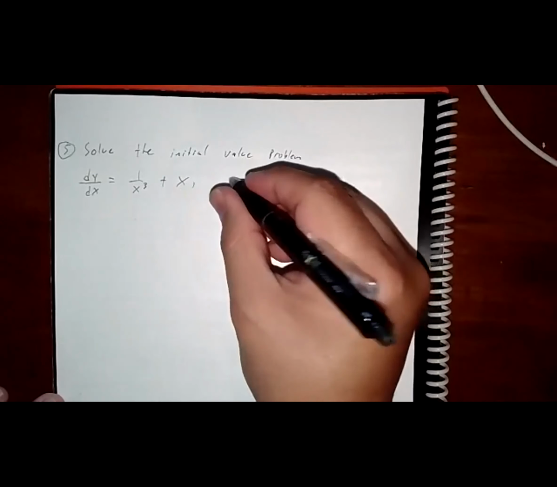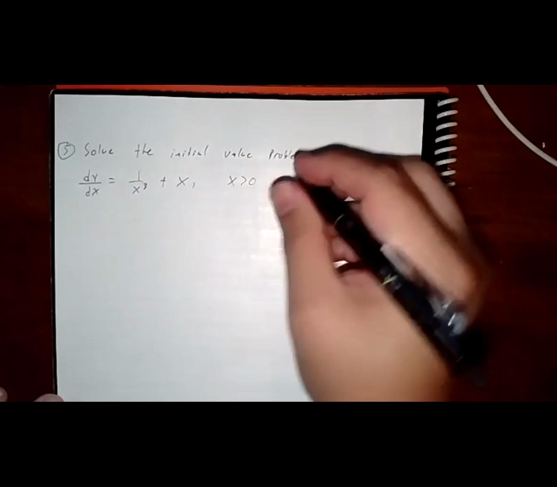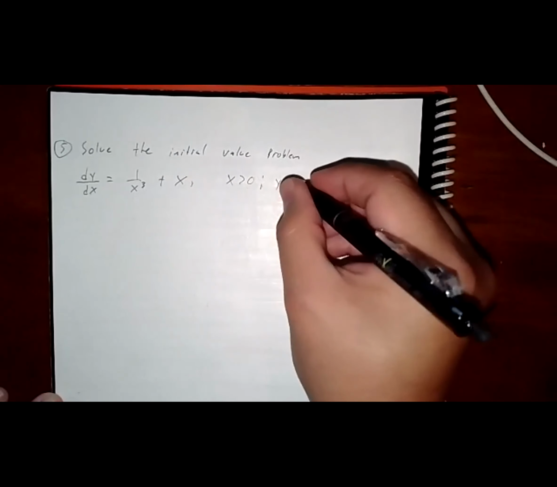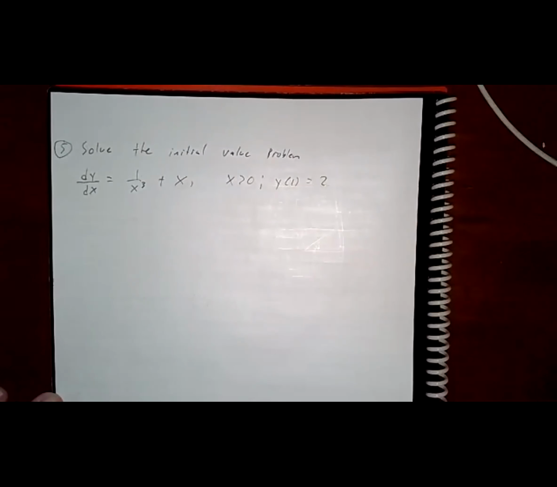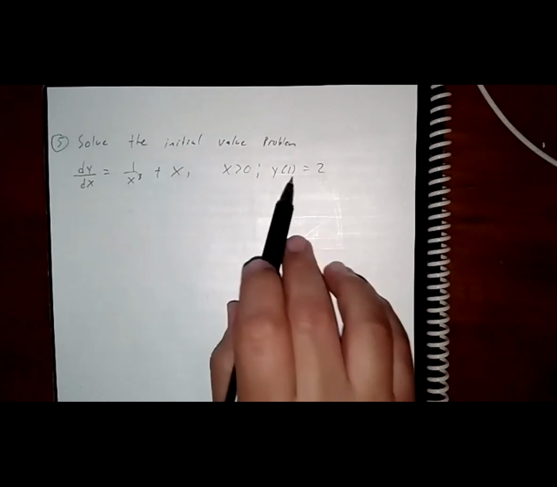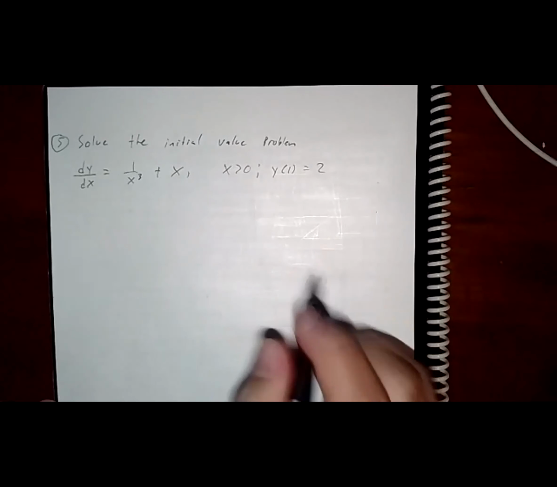And they tell us that x is greater than 0 and y of 1 is equal to 2. So what you have to do is integrate both sides, and then you're going to get that c, and you need to solve for the c using this information.